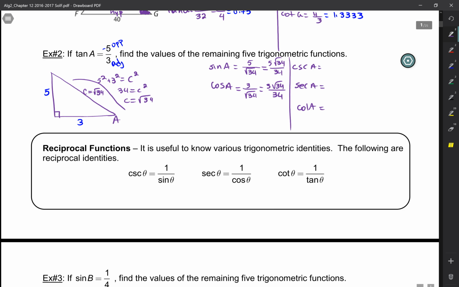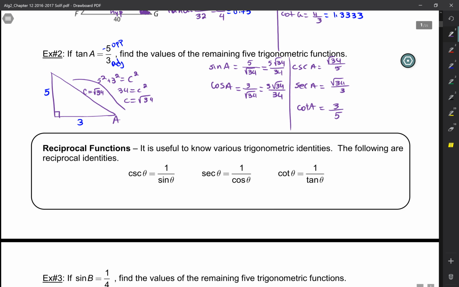Now, cosecant, secant, and cotangent are just the reciprocals, and so it's easier to actually take the reciprocal of that first step. Okay, so the 5 over 34. You already have tangent. So this will be root 34 over 5, root 34 over 3, and 3 over 5.